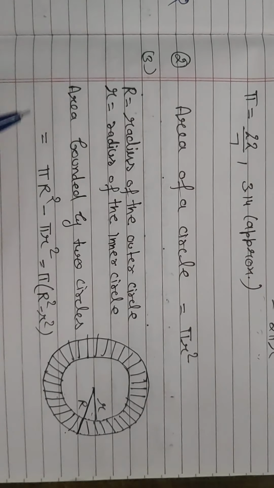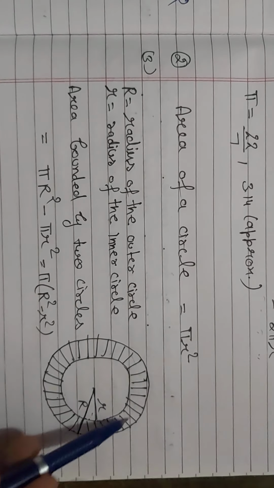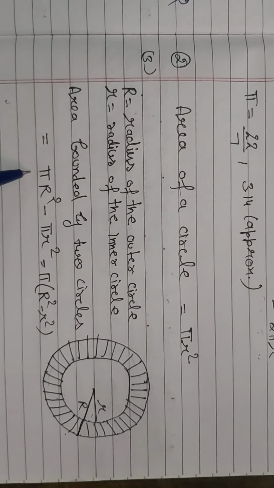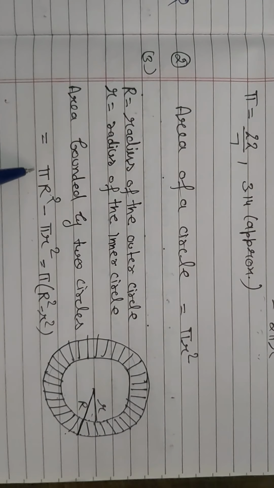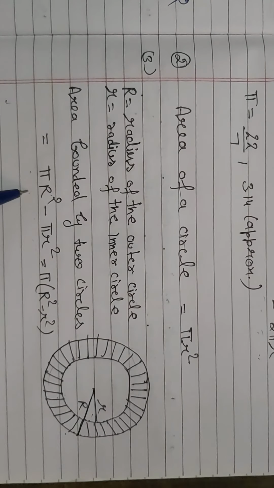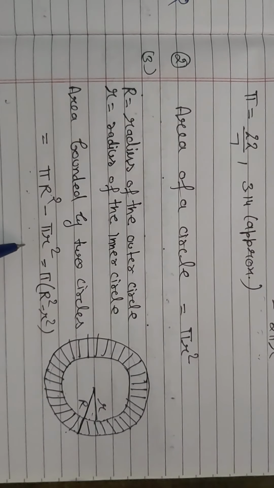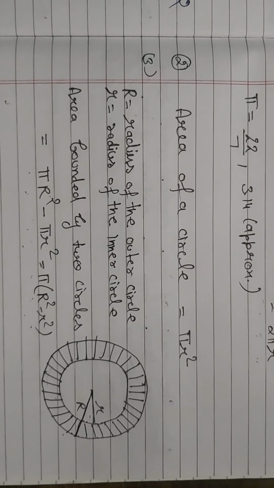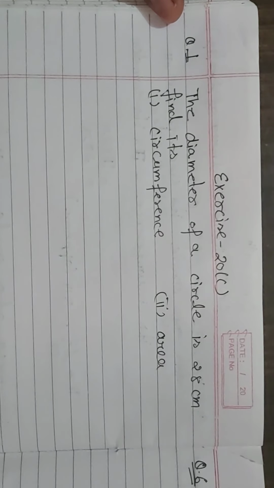Then the area bounded by the two circles, this shaded portion, equals pi R square minus pi r square, the area of the outer circle minus the area of the inner circle. If we take pi common, that is pi times R square minus r square, and this is the area of a ring. If a ring is given then this is the area of a ring.